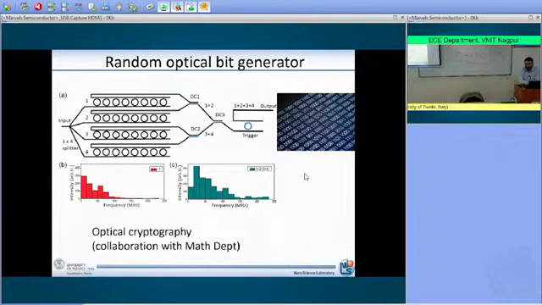Okay? So this is a system that exploits the self-pulsing, the nonlinear properties in our microring resonator, for cryptographic applications. Any questions?